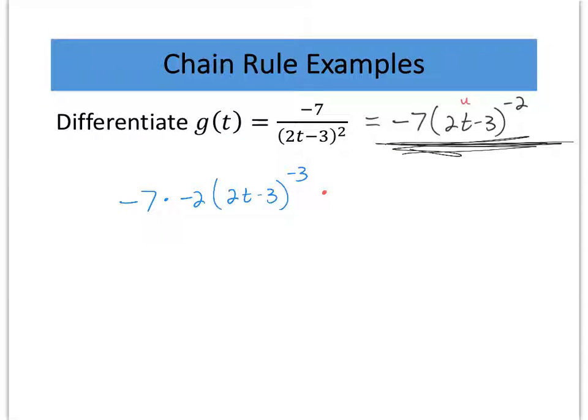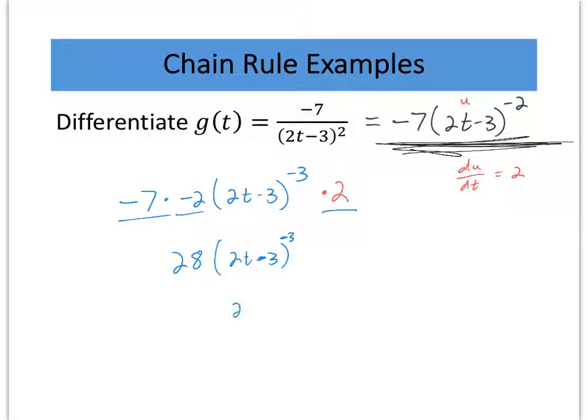So if this is u, I need du/dt in this case. So du/dt is just 2, so I need to multiply it by the derivative of the stuff inside. So multiply it by 2. So my answer is going to be like this, and if I simplify it, I know that negative 7, negative 2, and positive 2 is 28, positive 28, (2t minus 3) to the power of negative 3.